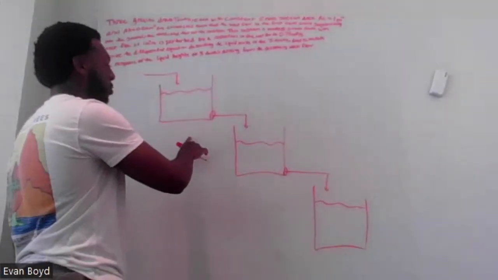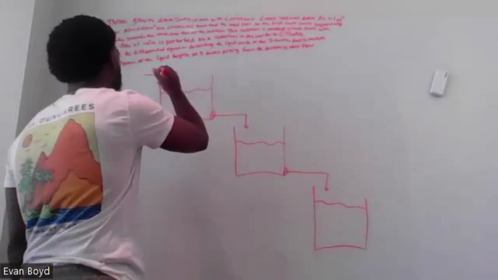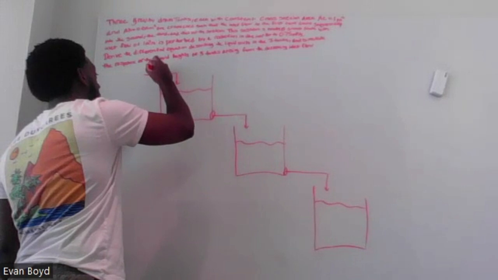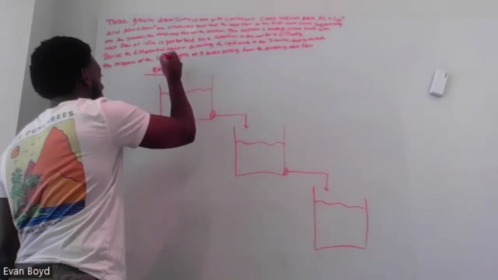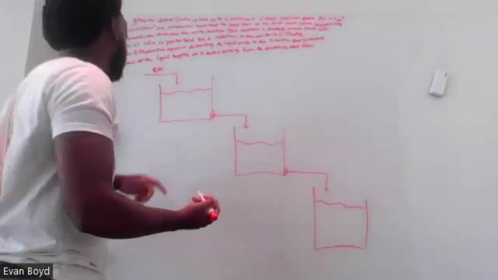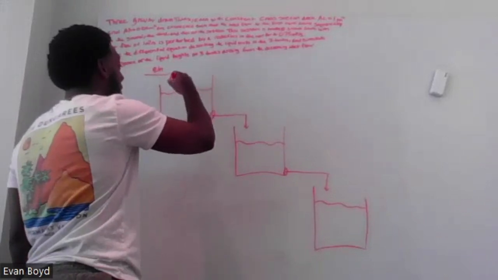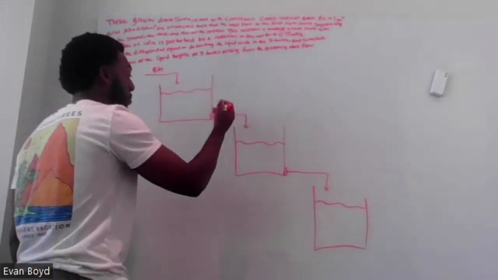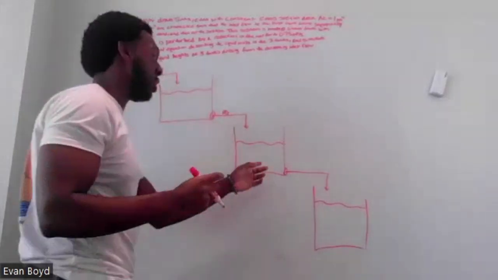Here I already have three drawn tanks draining down. We know that we have an inlet flow, so we call this Qin, flowing to our first tank. Whatever goes into the tank flows out of the tank, so we call this Q1, and it flows into the next tank.